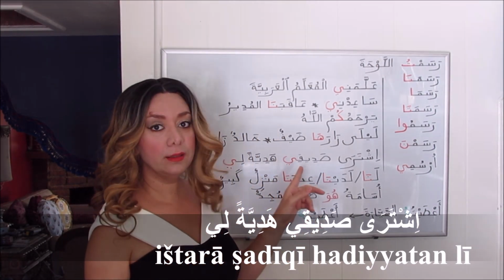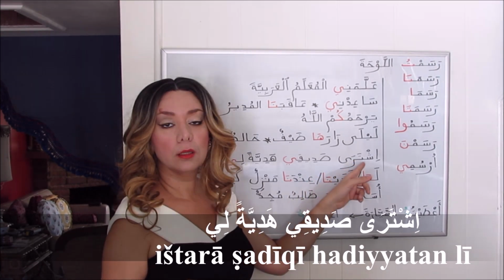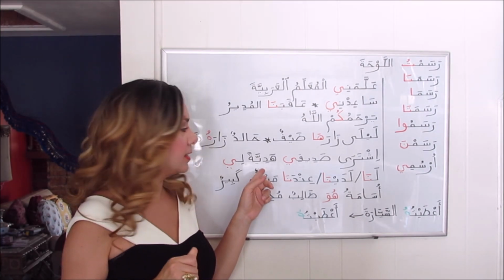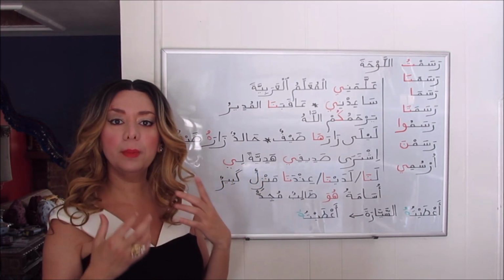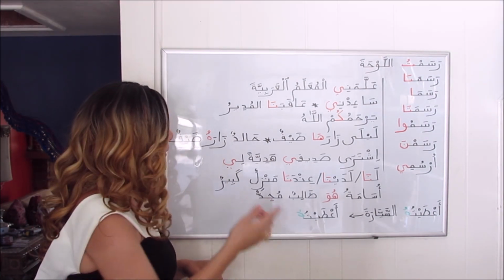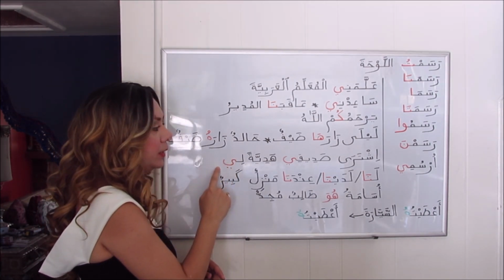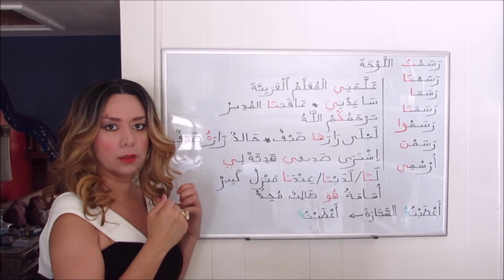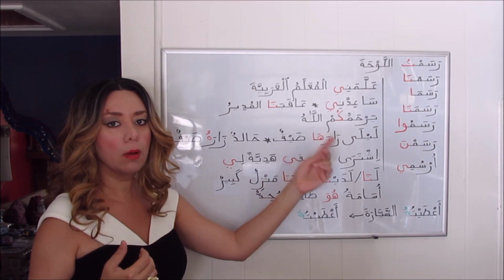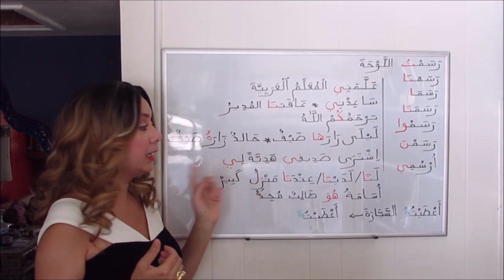So my friend bought a gift, هدية, لي, for me. So here we have the preposition li plus the genitive pronoun ya, for me. He got me a gift. My friend bought for me a gift.